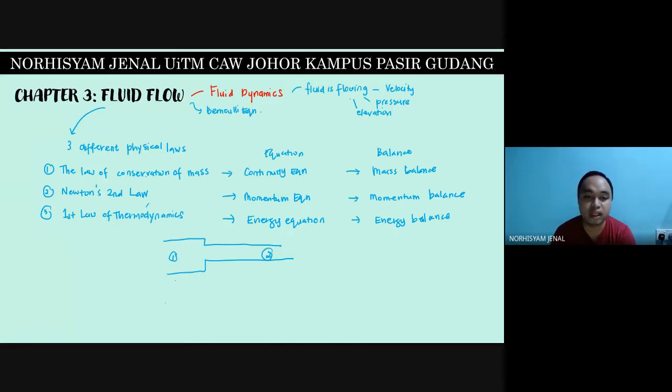Mass balance means that the mass at point 1 should equal the mass at point 2. Momentum balance means that momentum is the same on each side, and energy balance means energy at point 1 should equal energy at point 2. The momentum balance can be F at point 1 should equal F at point 2. So that is the meaning of mass balance, momentum balance, and energy balance.